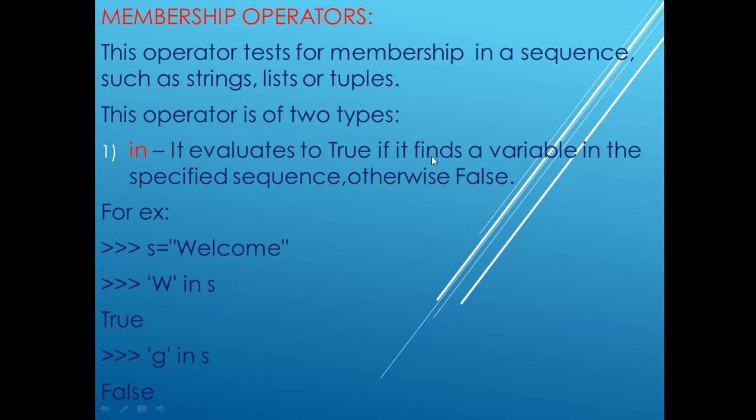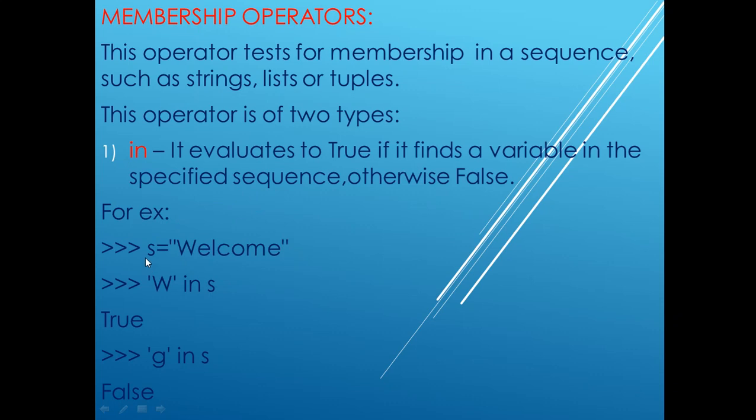It evaluates to true if it finds a variable in the specified sequence. The in operator will return true. The membership operator also returns a boolean value, true or false. If a variable is available in the sequence, it will return true. Otherwise, if it is not available, it will return false. For example, here s equal to welcome.